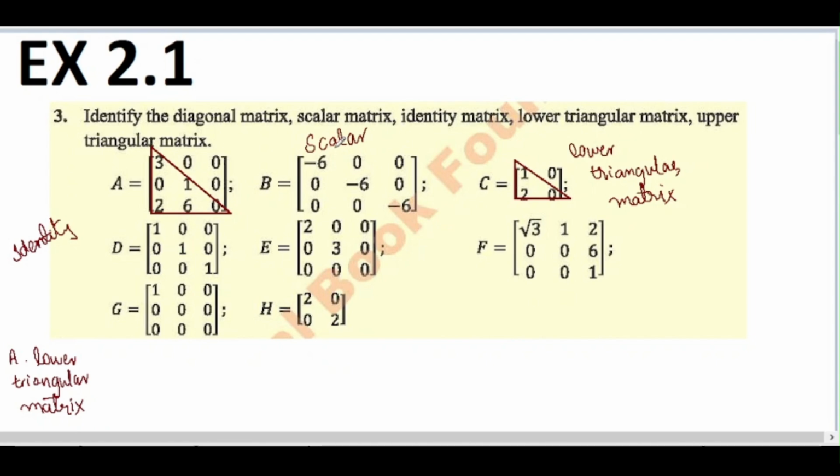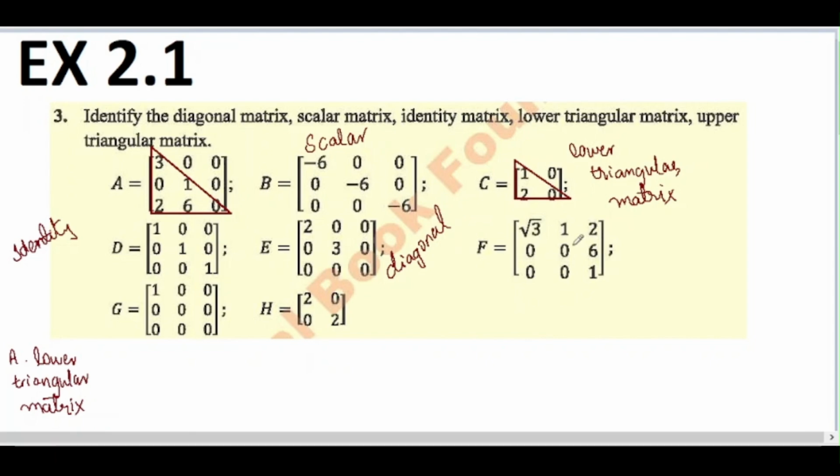Yeah, it would be a scalar matrix, because when all the diagonal entries are the same, it is called a scalar matrix, but when all the diagonal entries are the same as well as 1, then it is called an identity matrix. Now there are diagonal entries with 0 and non-zero entries, and there is at least one non-zero. Basically there are two, so the at least one condition is fulfilled, and the rest of the elements are completely zero, so it is called a diagonal matrix.